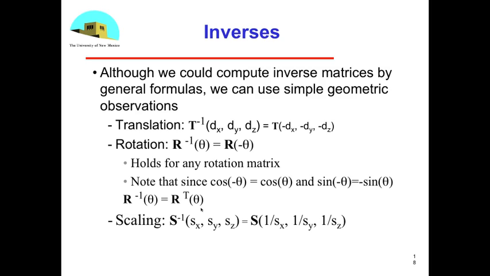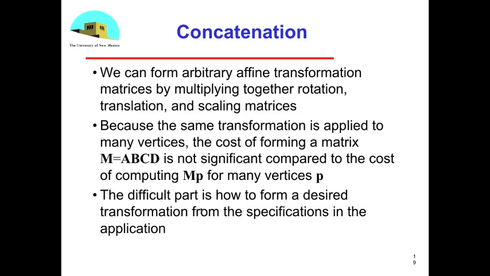Okay, so now we have the basic matrices other than shear, which we'll come to a little later. And now we want to look at what happens when I multiply them together, or the word mathematically is I concatenate those matrices together. One of the things you can first argue inductively is that if I take an affine matrix and multiply it by another matrix, which is also affine, the result is affine.